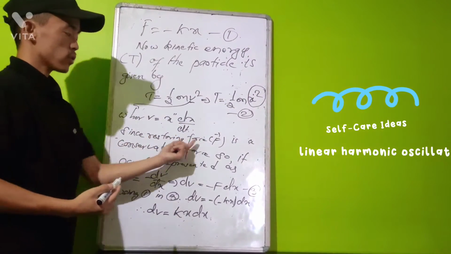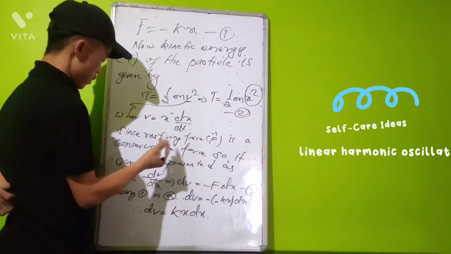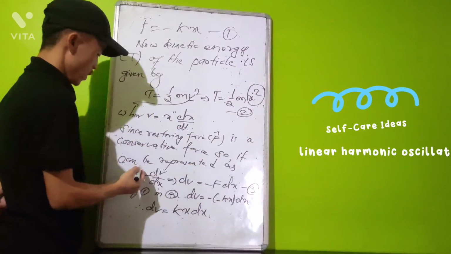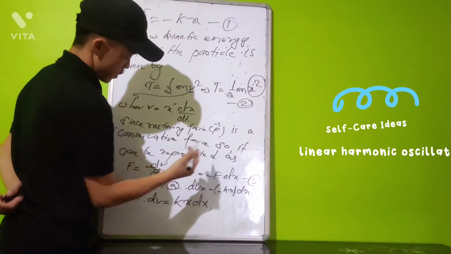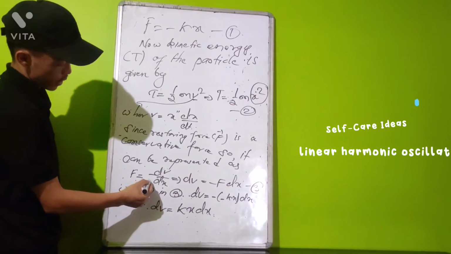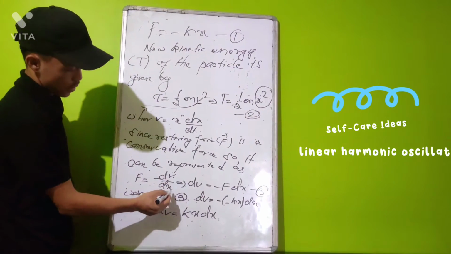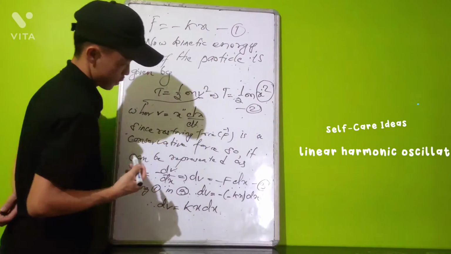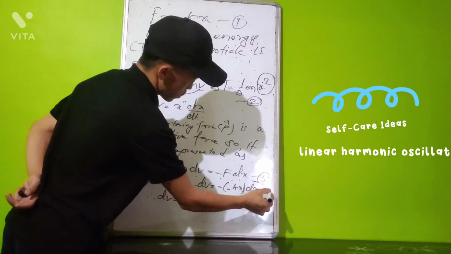Since the restoring force F is a conservative force, it can be represented as F is equal to minus dV by dx, which gives dV is equal to minus F dx. This is our equation 3.